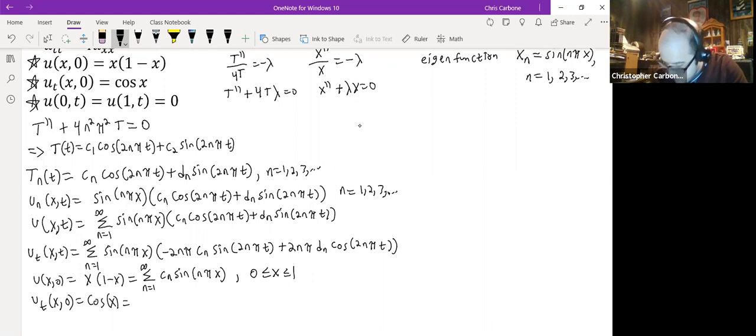And that is equal to the sum, from n is equal to 1 up to infinity, of 2n pi times d sub n times sine of n pi x. And this is where x is again between 0 and 1, inclusive.